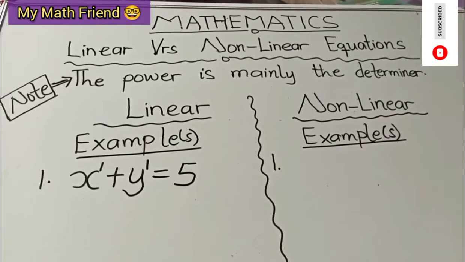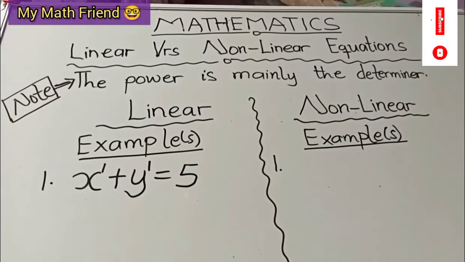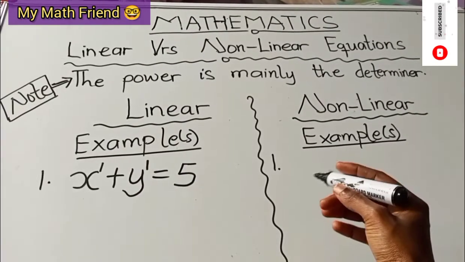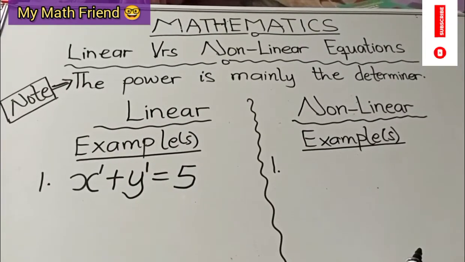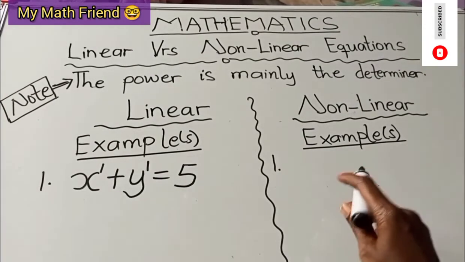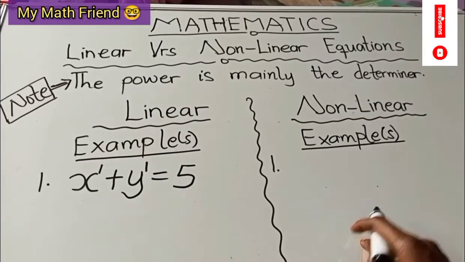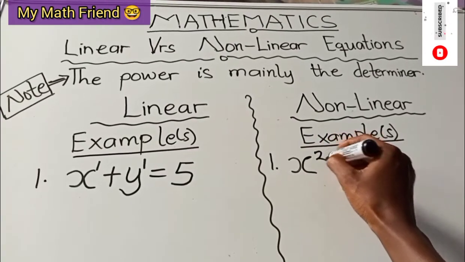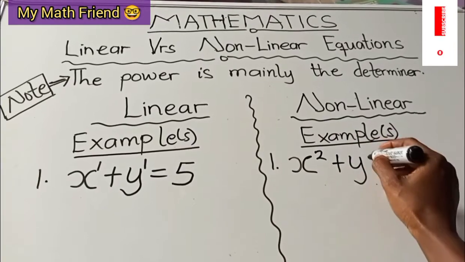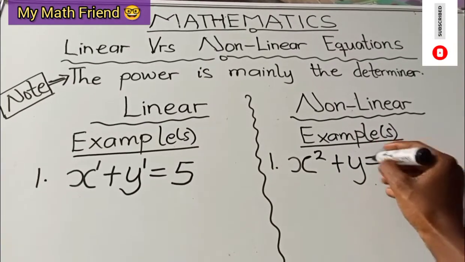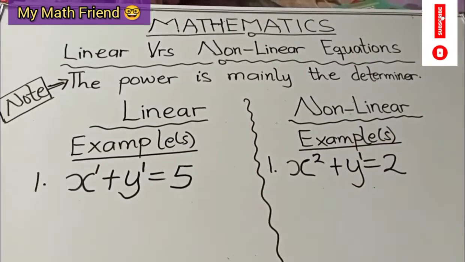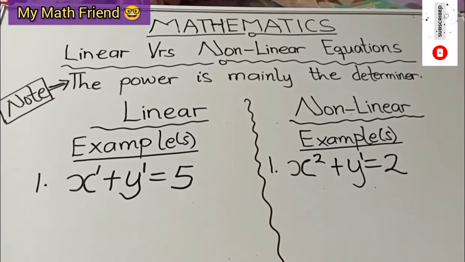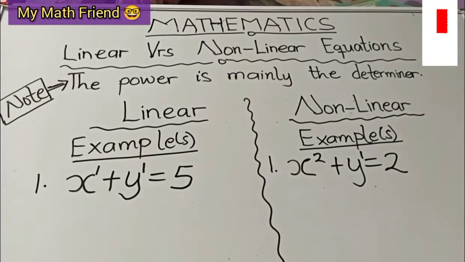Now, a non-linear equation is where the power of the variable in the equation isn't 1, or is more than 1. For example, you have x squared plus y equals 2. The power of y is 1 and the power of x is 2. So the highest power there is 2, and that makes the equation non-linear.